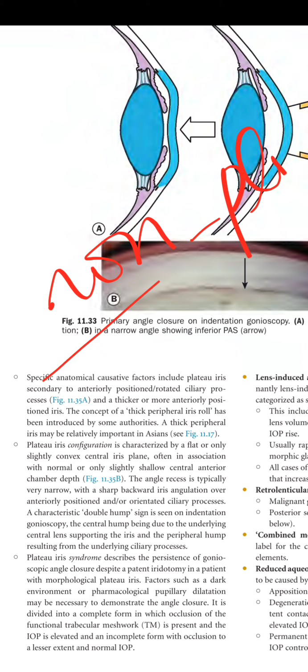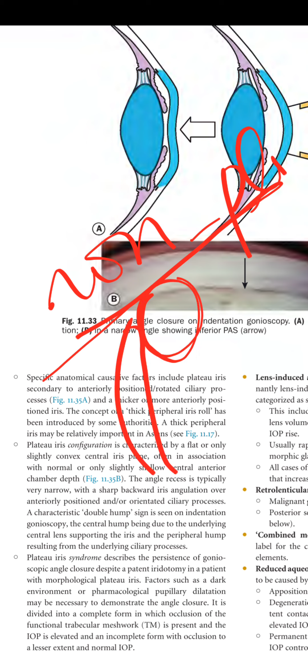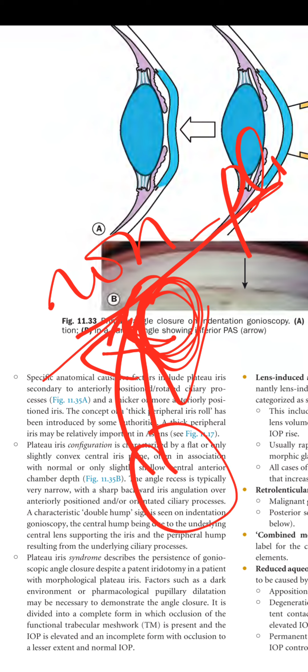The ciliary body is anteriorly rotated, causing the angle closure. Similarly, whenever there is pupillary dilatation in a dark environment, the thick iris becomes very thick at the corners, at the angles. That is why the angle gets closed.